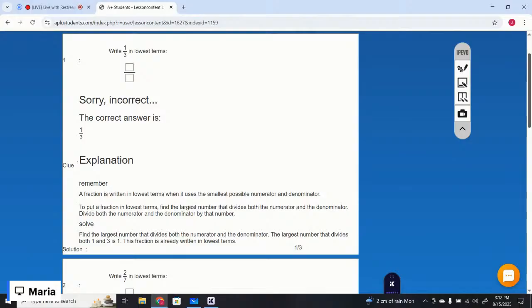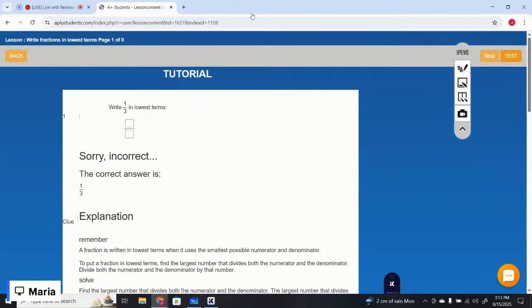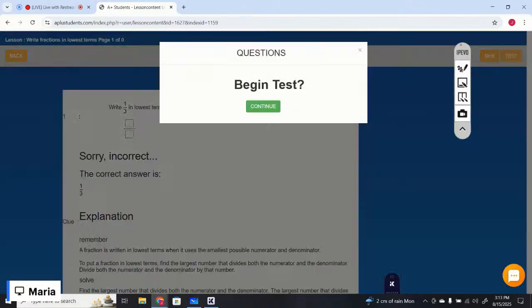So 1 by 3 is already in lowest terms. Let's just start with the test questions.